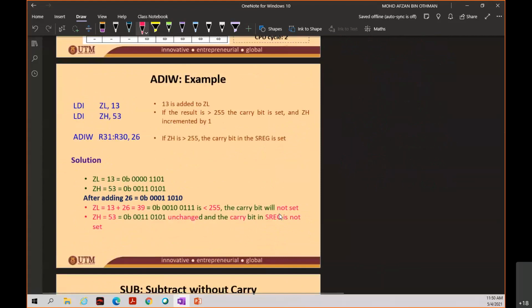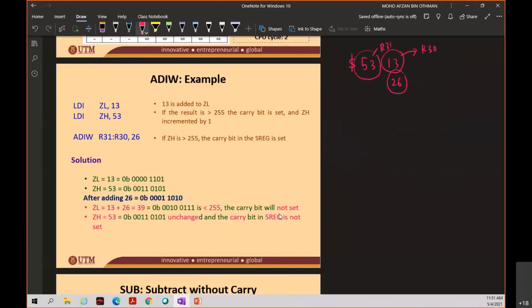For another example, you're going to add 26 to the number 5313. This 26 is decimal, not hexadecimal. How to do that? First, you need to load this number into your register pair, in this case R30 and R31.